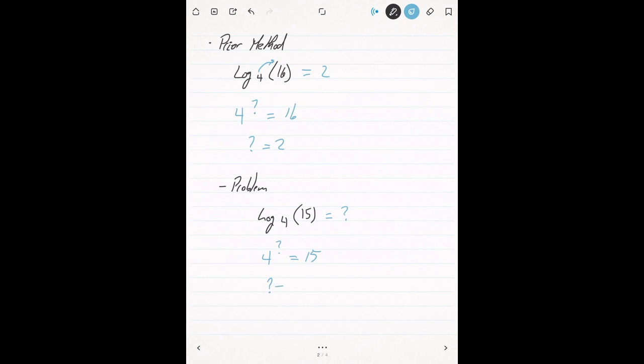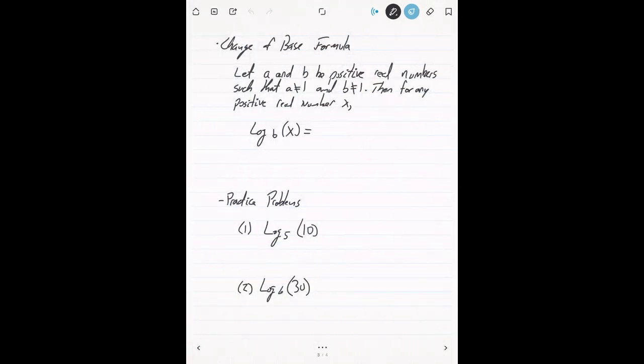That quantity is not 1, but it's less than 2, because if it was 2, it would be 16. If it was 1, it would be 4. I'm kind of stuck here. This is not something that I'm really able to find. It's going to be some non-integer value. So the way we get around this is with the change of base formula.